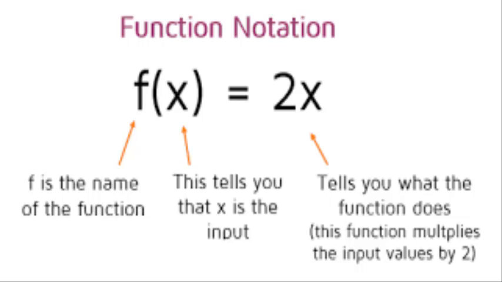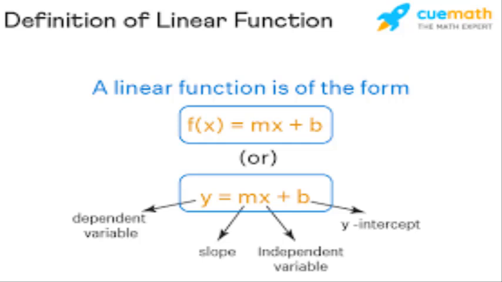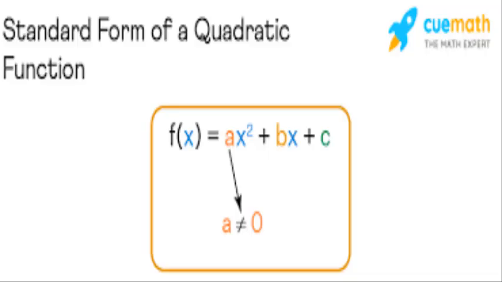Types of functions. 1. Linear functions. Linear functions have a constant rate of change and can be represented by a straight line on a graph. They have the form f(x) = mx + b, where m is the slope and b is the y-intercept. 2. Quadratic functions. Quadratic functions are second-degree polynomials and have a parabolic shape when graphed.